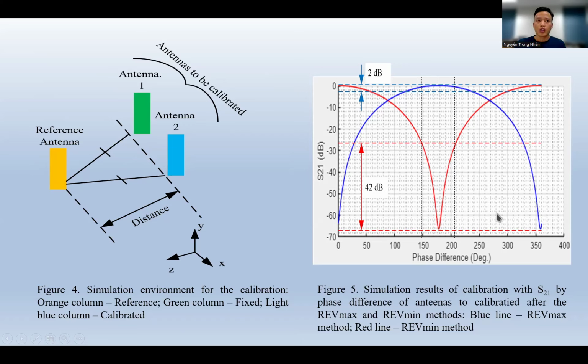Figure 5 shows that the dynamic range of the calibration magnitude by the proposed method over the 60 phases around the minimum point is approximately 42 decibels, whereas the RevMax method demonstrates a dynamic range of 2 decibels around the maximum point.